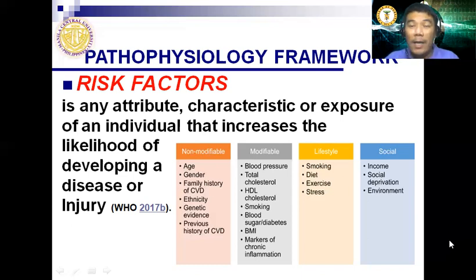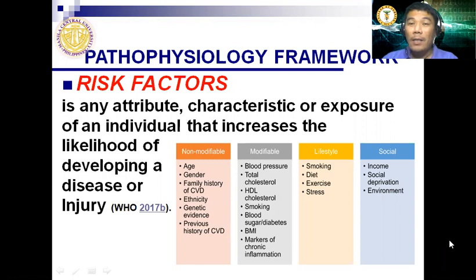It is already marked there. And as I told you during our discussion of diagnostic exams, if you can still remember, the biomarkers or isoenzymes that may significantly consider the history of cardiovascular disorder or heart attack is the creatine kinase, specifically the CKMB.